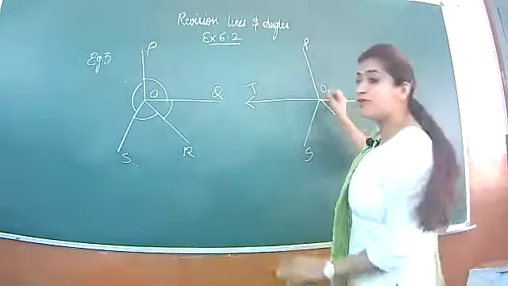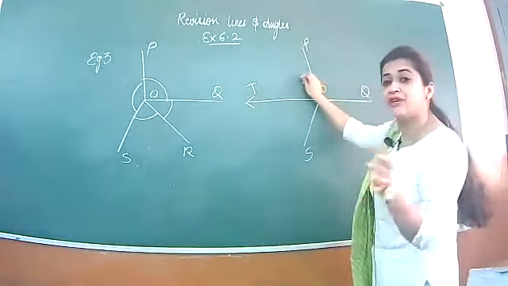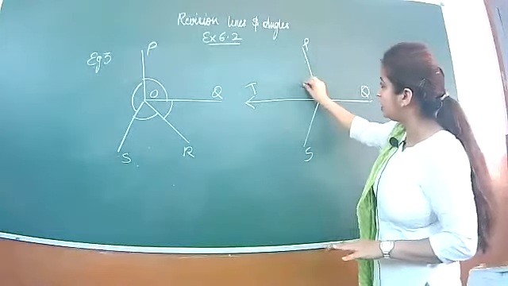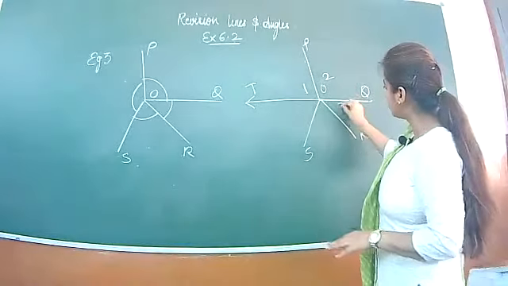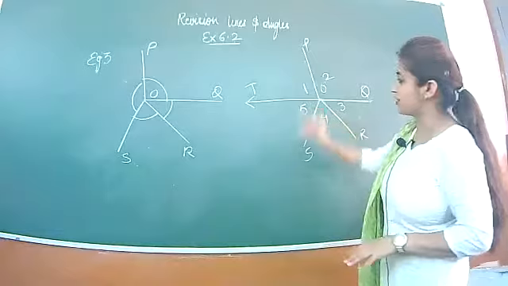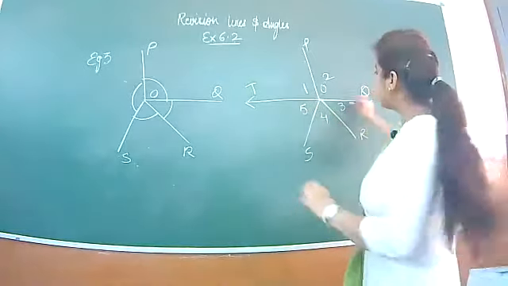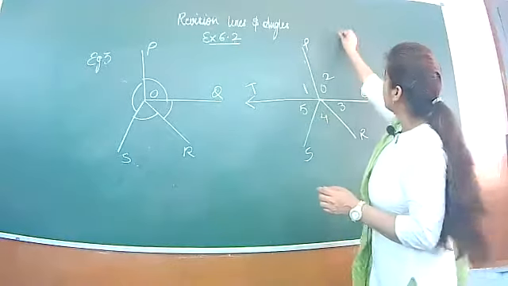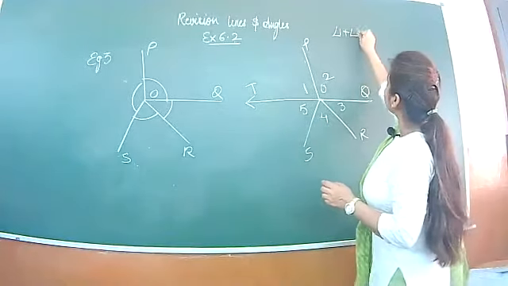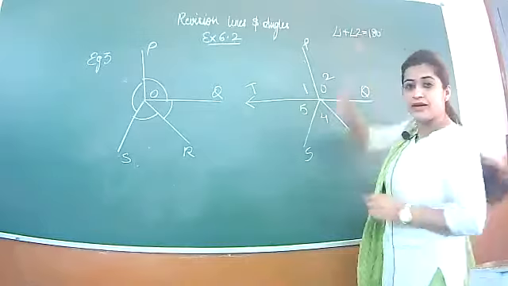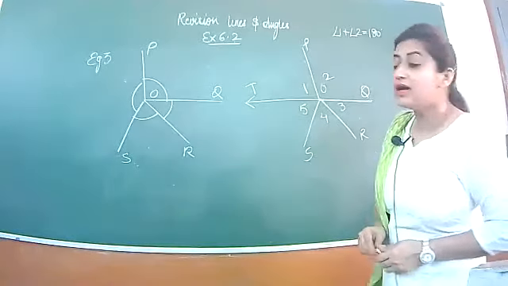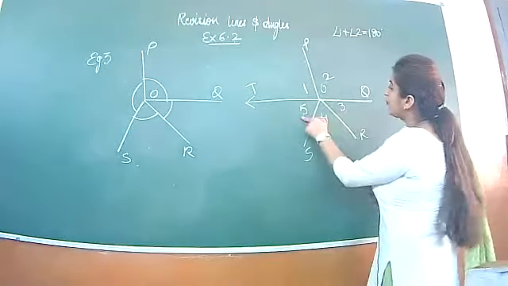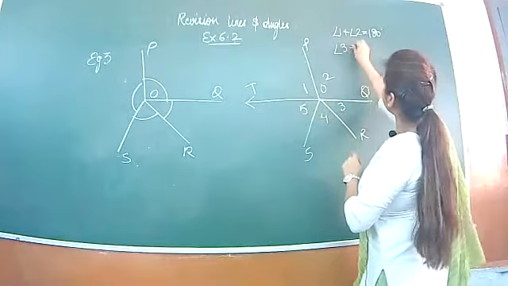Now, look here, I will give the numbers to all the angles, 1, 2, 3, 4, 5. As you can see, by construction, QOT is a straight line. So can I say that angle 1 and angle 2 is 180? And angles 3, 4, 5 is also 180.